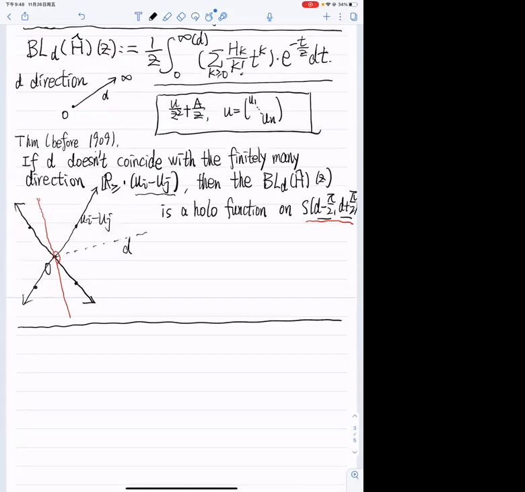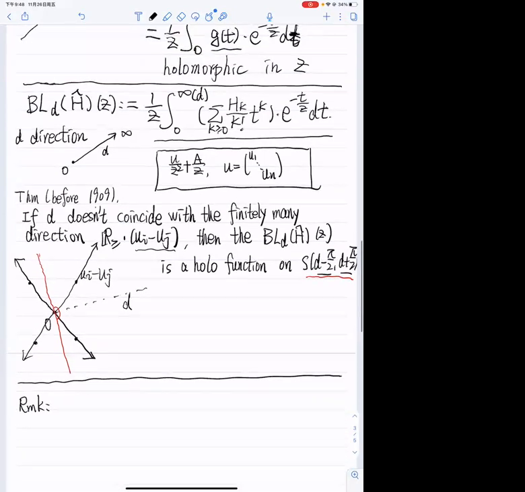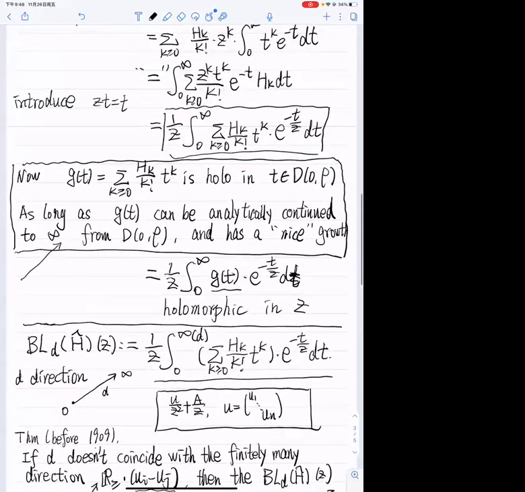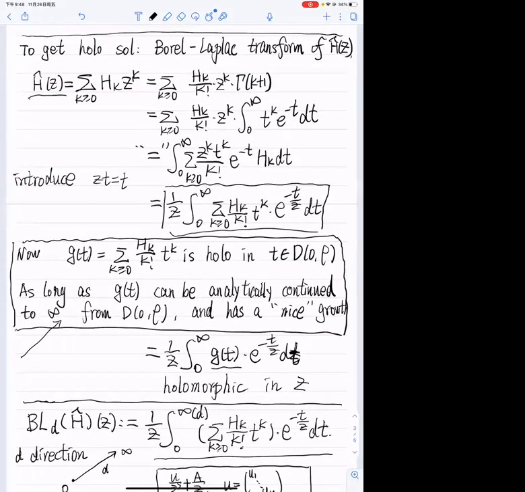So here I give a simple remark. Recall that by definition, if we look at the first 2 pages, this Borel-Laplace transform can be seen as a map from the set of formal sums to the set of holomorphic functions in some domain.